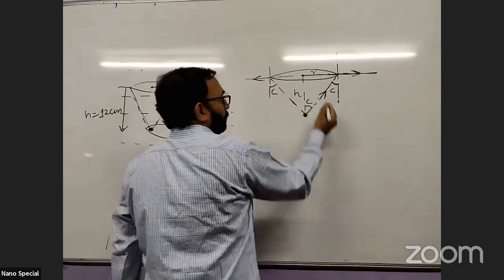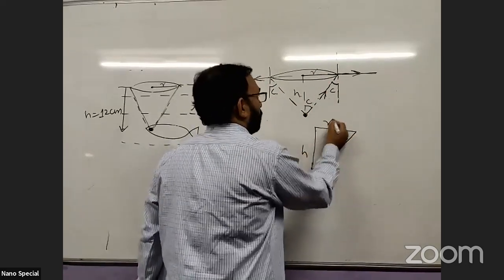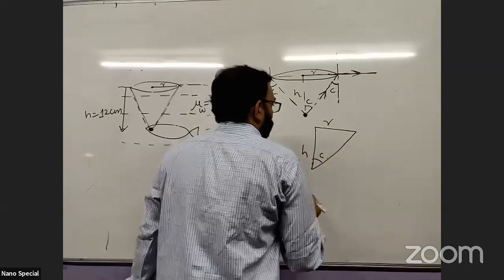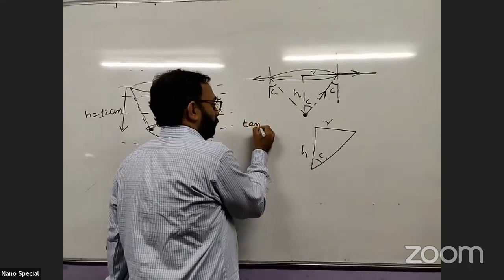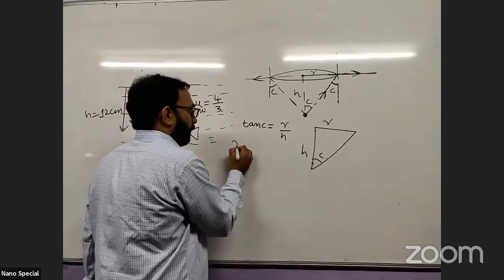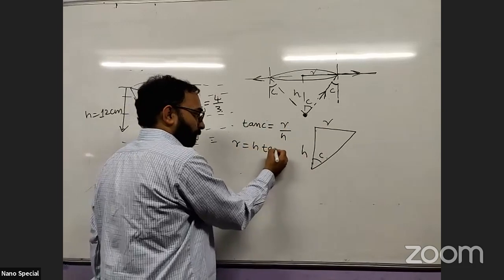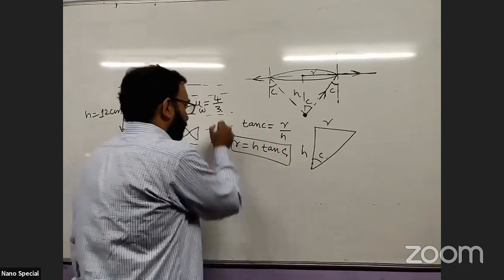So now there is a triangle formed over here, with H, R, and angle C. From this triangle, tan C is equal to R by H, and R is equal to H tan C.